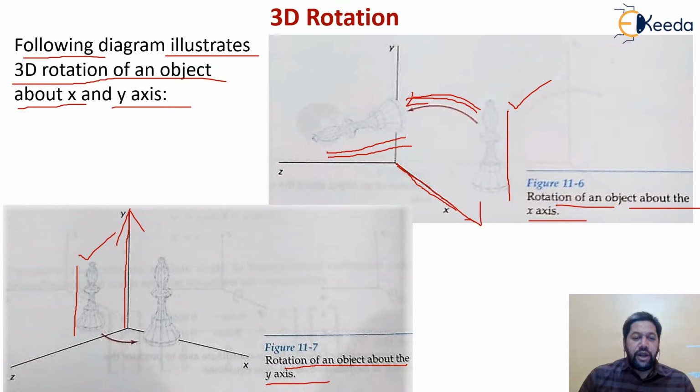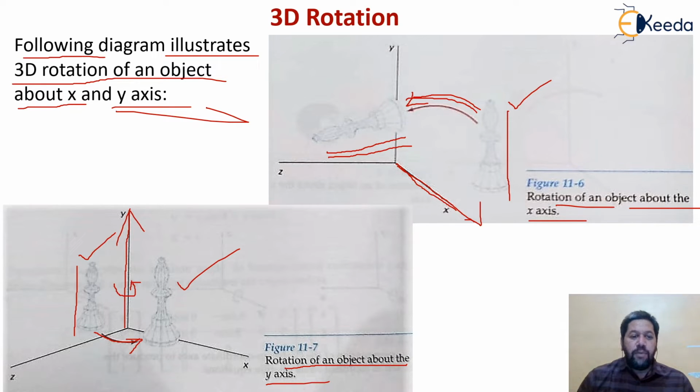If I rotate about the y-axis, this was my angle of rotation. This indicates the angle of rotation, and here my object will appear. I think we have seen something like this in the previous diagram also. So the object will move from this direction and appear over here if I am rotating the 3D object about the y-axis. This is just for the purpose of understanding.